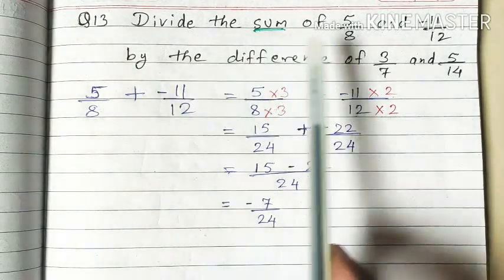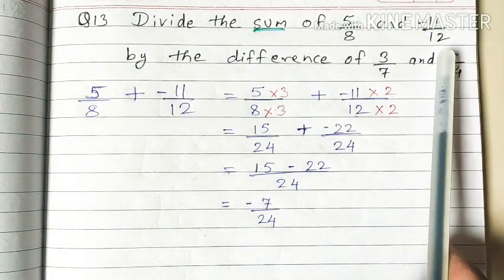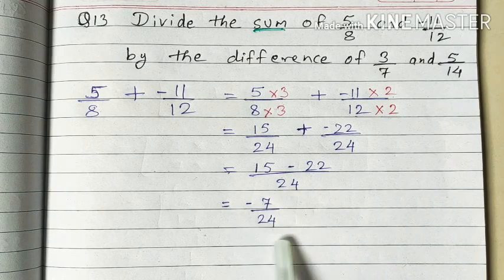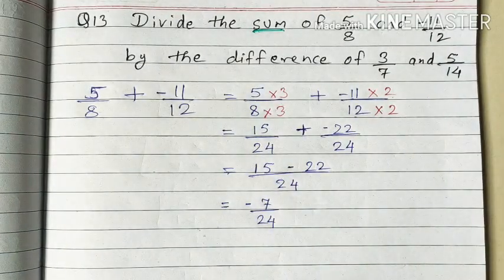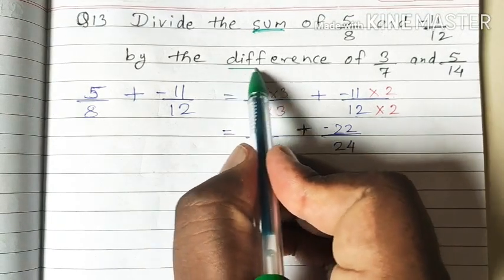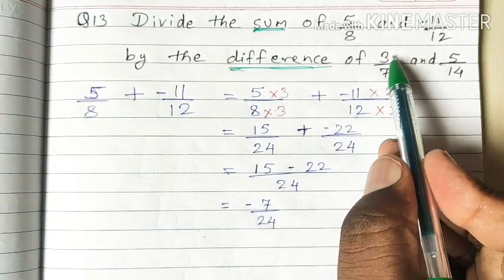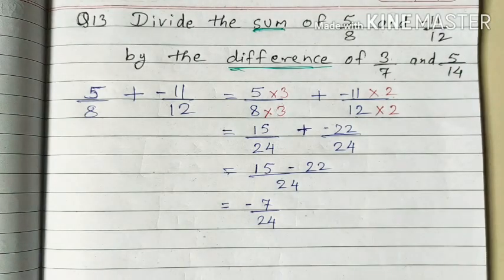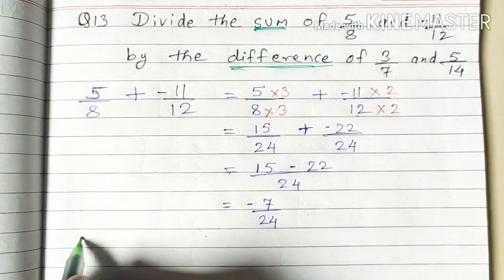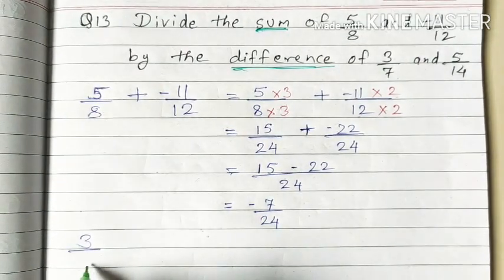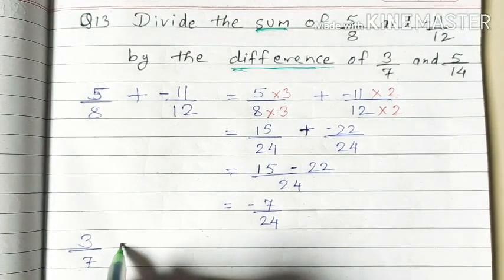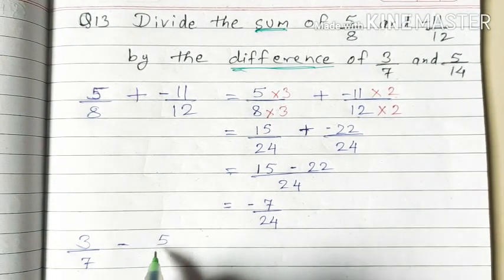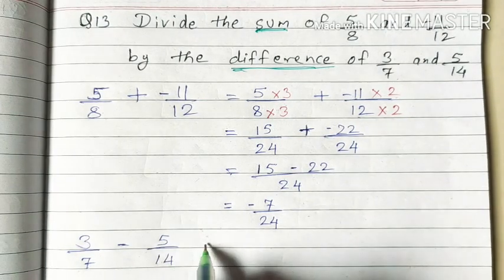So here we have made the addition, the sum of these two numbers, and this sum is divided by what? The difference of 3 by 7 and 5 by 14. So let us find the difference of these two numbers: 3 upon 7 minus 5 upon 14.